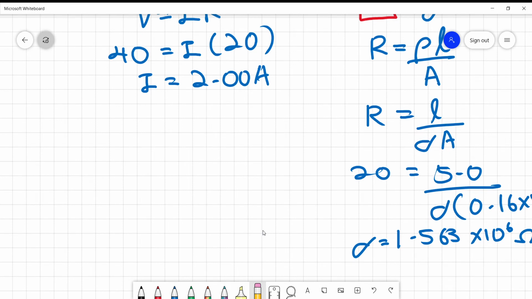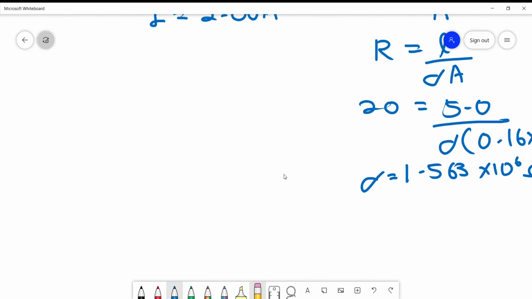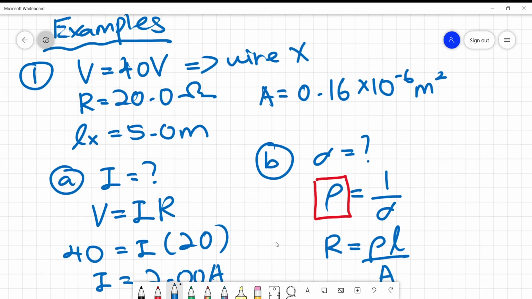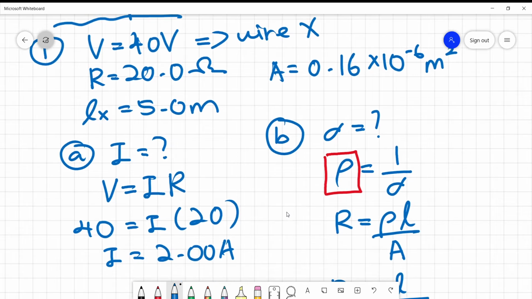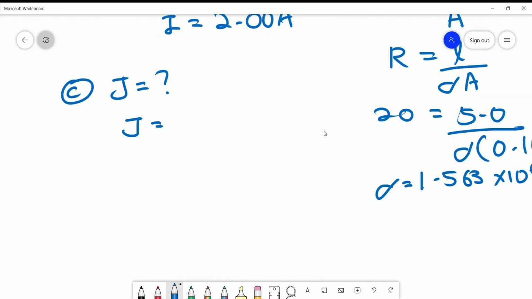Okay, so let's move on to question C. Question C is asking for the current density, which is J. We have the sigma, and the formula involving the current density and sigma is J equals sigma multiplied by E. The E is not given, so what we need to do is convert it into another formula.